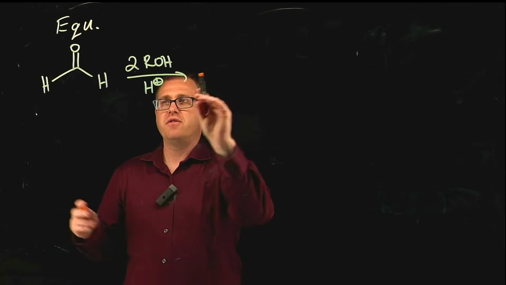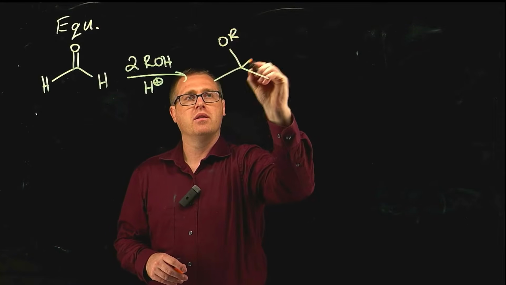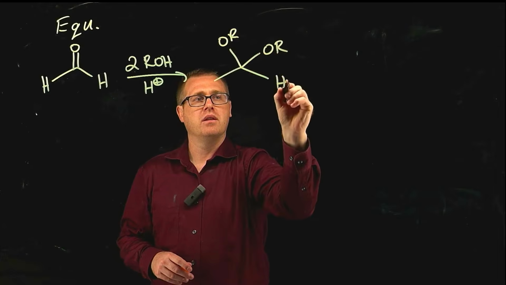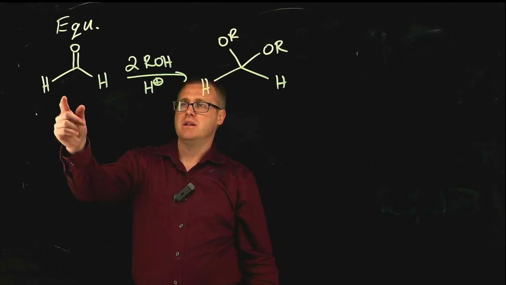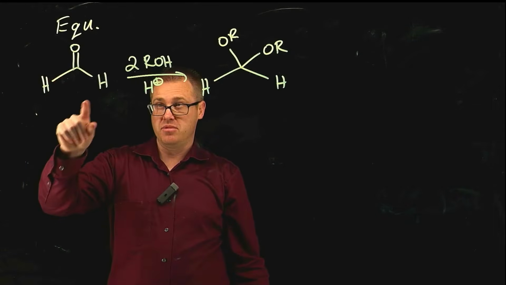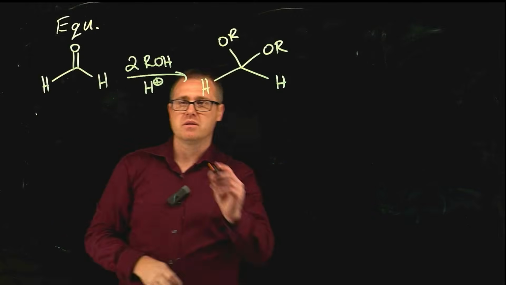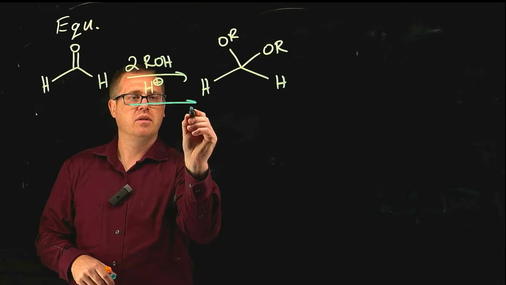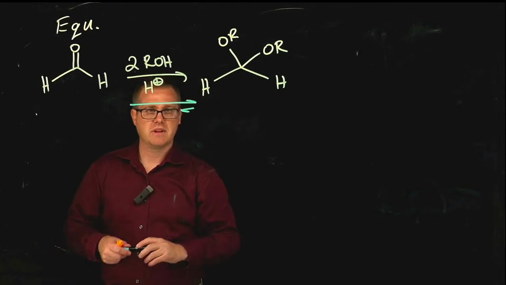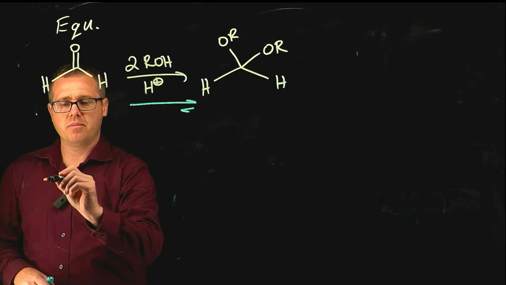Equilibrium is going to favor the acetal. It's just small, the very simple aldehydes favor this. So if we draw equilibrium arrows, we could say at equilibrium, that's favored.